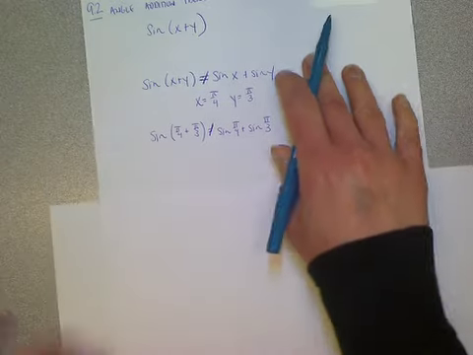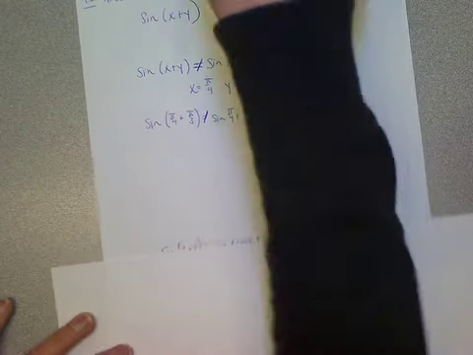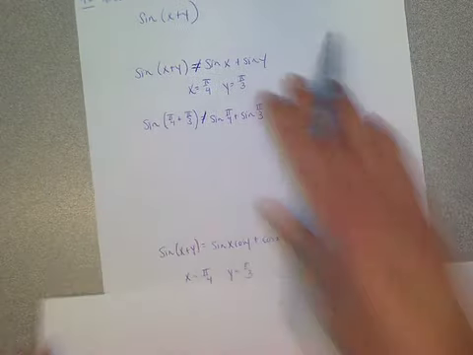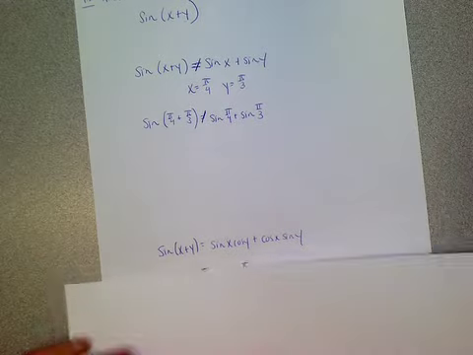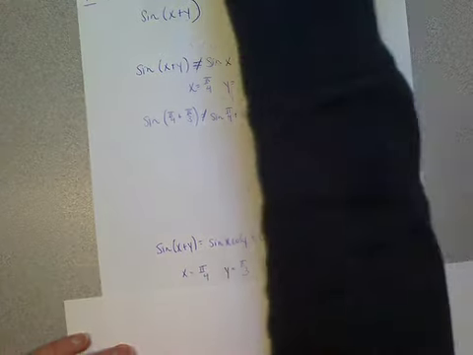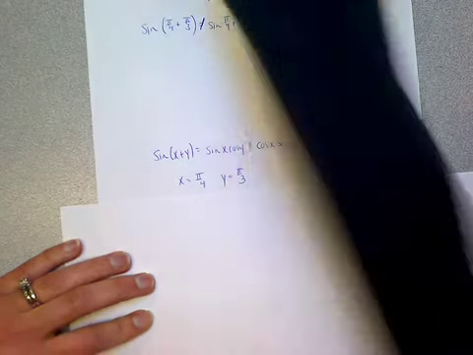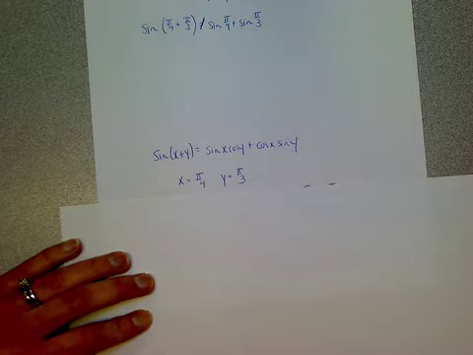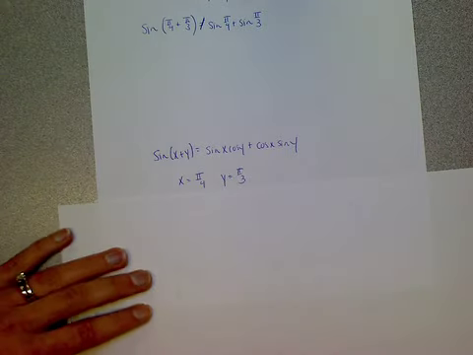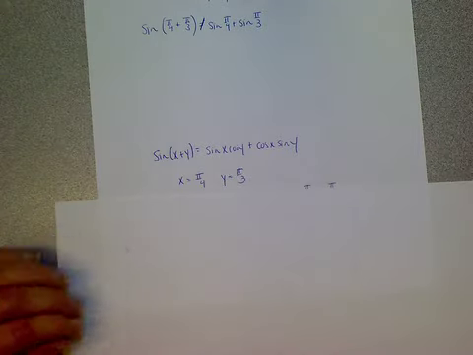Instead, what we're going to use is the sine of x plus y is equal to sine x cosine y plus cosine x sine y. Where did that come from?